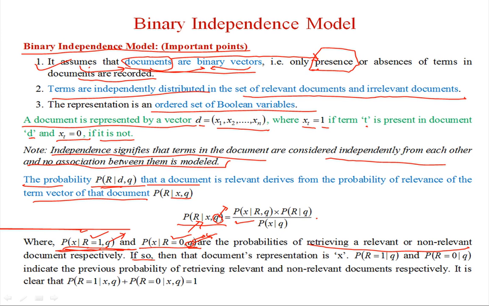Here, the probability of relevant documents and the probability of non-relevant documents arriving from x while query term q is present, the sum of both will be equal to 1.